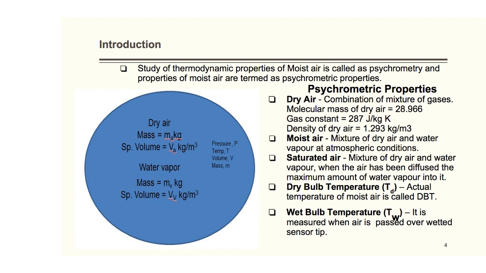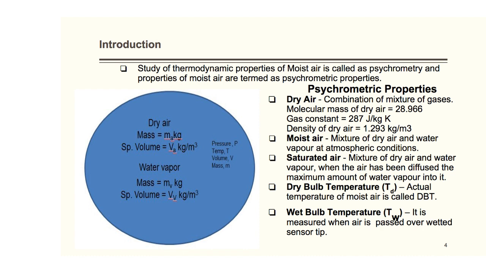So when the air has diffused the maximum amount of water vapor into it, after this limit, when we add a little more water vapor into moist air, this water vapor will form droplets.